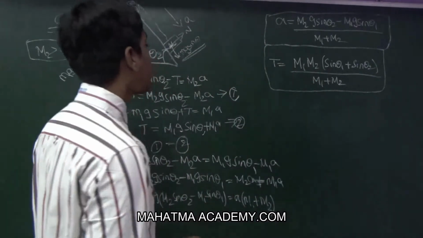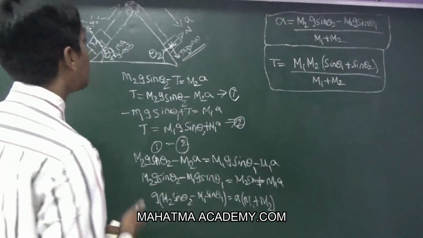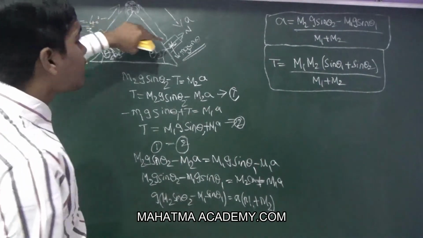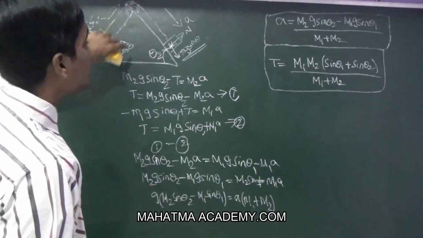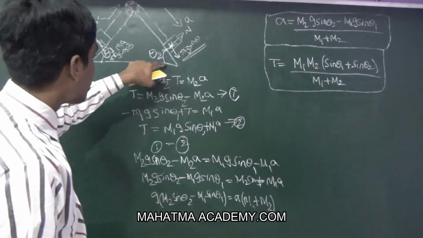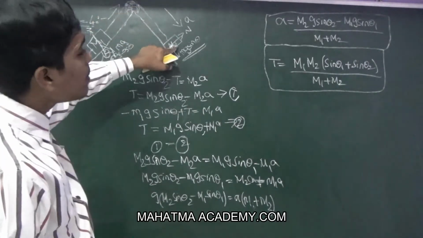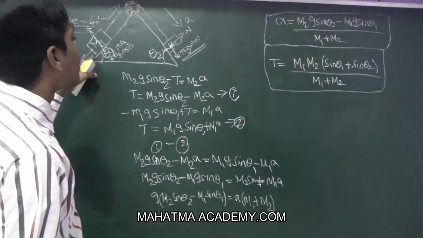Now we got tension for the case 4. Case 4 states that a body m1 and m2 are on the inclined planes with an angle theta 1 and with an angle theta 2. Now the m2 is greater than m1. So the m2 will pull the block m1.